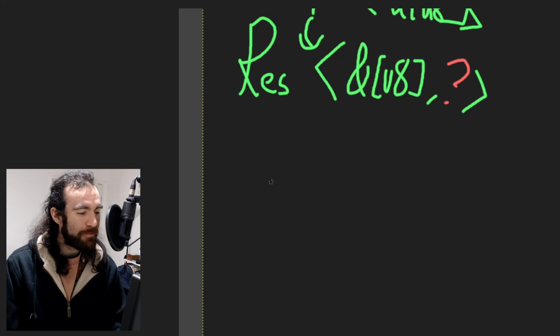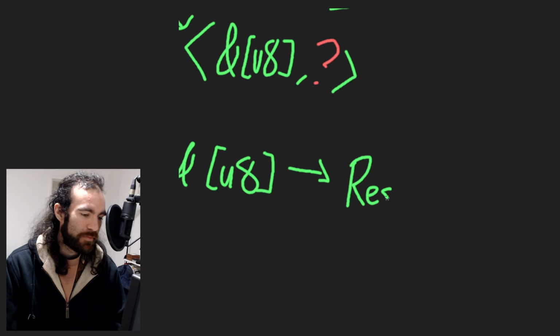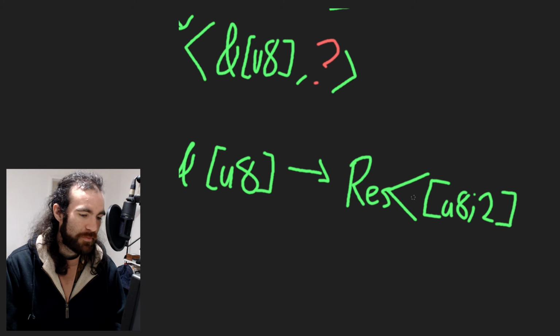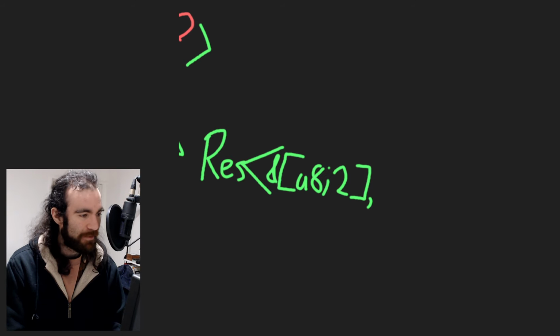And then I have a function that takes a ref of U8 and gives us back a result of an array of U8 of size 2, maybe a ref to it, I'm not 100% sure, and then whatever this error, this wacky error is, try from slice error.